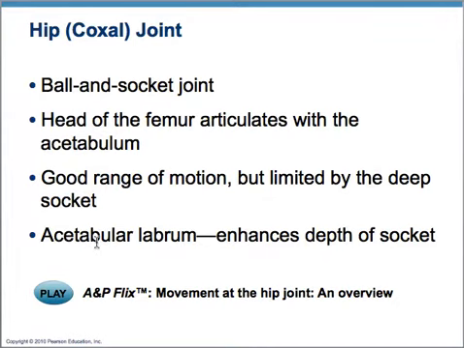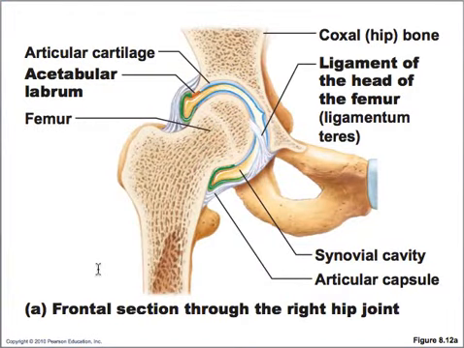Like if you were to remove the head of the femur, that's what you would see inside the acetabulum. And this enhances the depth of the socket, allowing it to fit there and be very stable, but limits the range of motion compared to the shoulder.